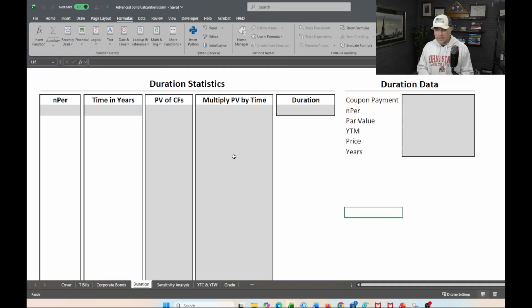First thing I'm going to do is bring in some data that we can look at. Let's bring in our coupon payment from the corporate bond worksheet. That's going to be equal to the coupon payment, which is 15. This is why you must label things.